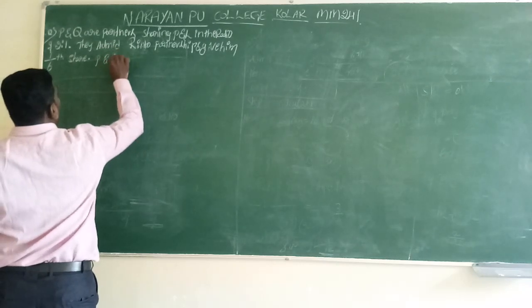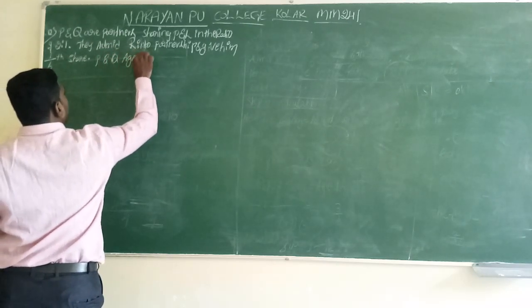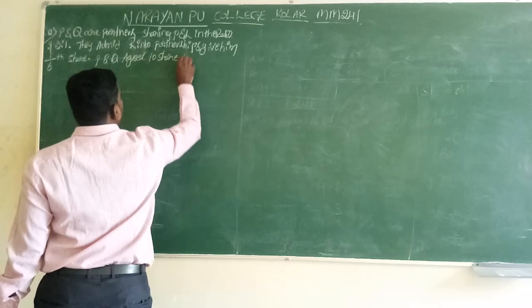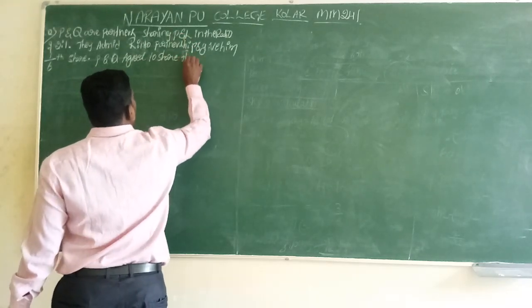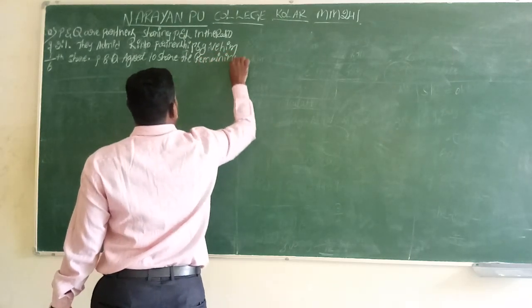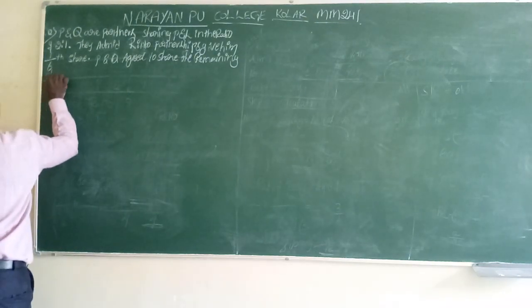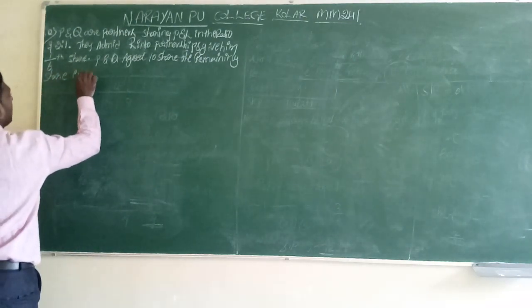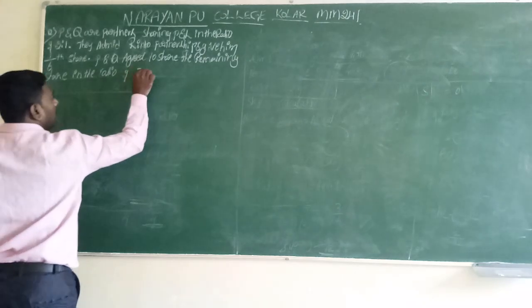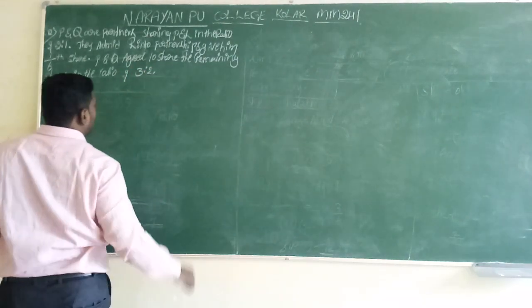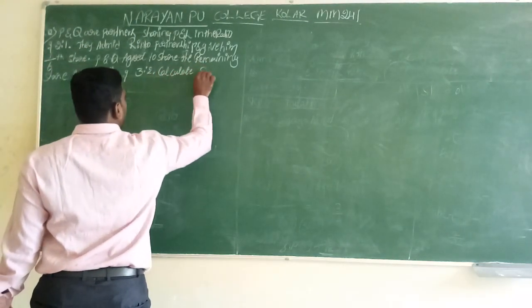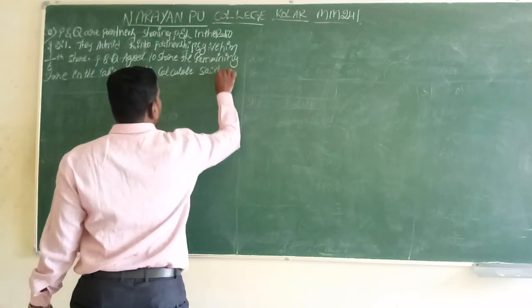P and Q agreed to share the remaining share in the ratio of 3:2. Calculate the sacrifice ratio.